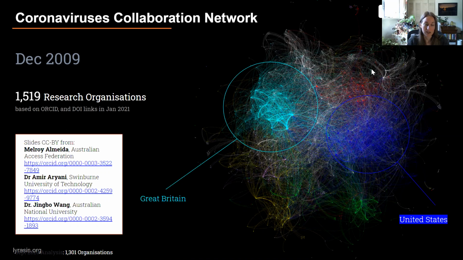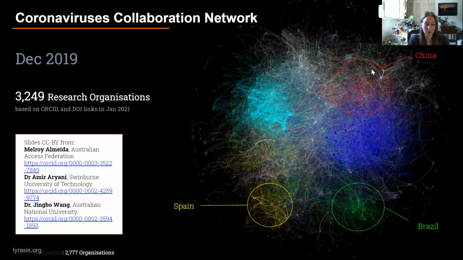There were roughly 1,500 research organizations involved, and the visualization is highlighting contributions from the United States and Great Britain. And if we fast forward 10 years to December of 2019, we're seeing that there are just over 3,000 research organizations involved. And this time we're seeing highlights from China, Brazil, and Spain, for example.